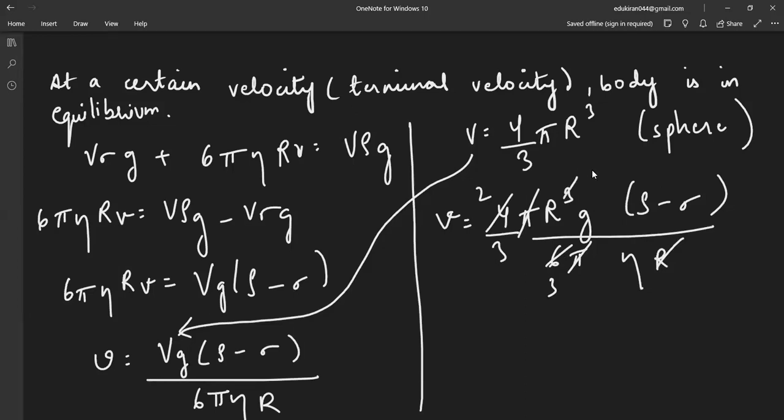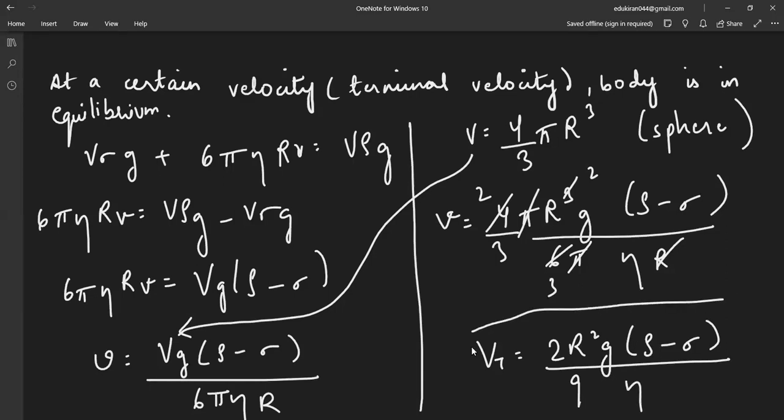One R will cancel and make it R squared. Final velocity is equation 2. From here, R²g(ρ minus σ) divided by, from here 3 into 3, 9η. This is the equation of terminal velocity.